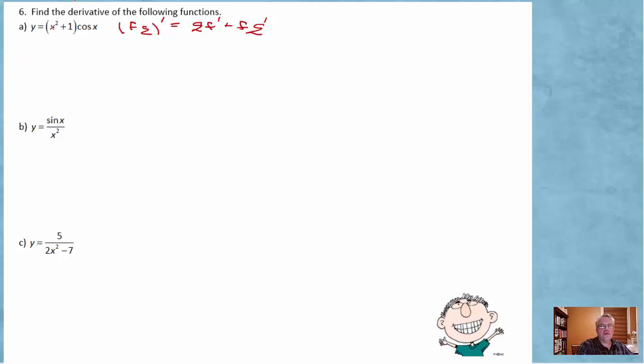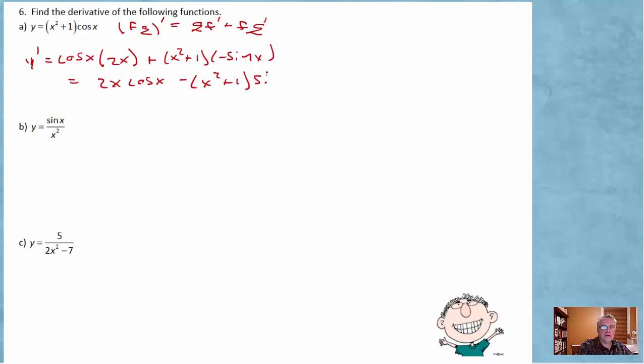So when we take the derivative of this, y prime would be g, which is cosine x, times f prime, which is 2x, plus we have f, which is x squared plus 1, times g prime, which would be minus sine x.